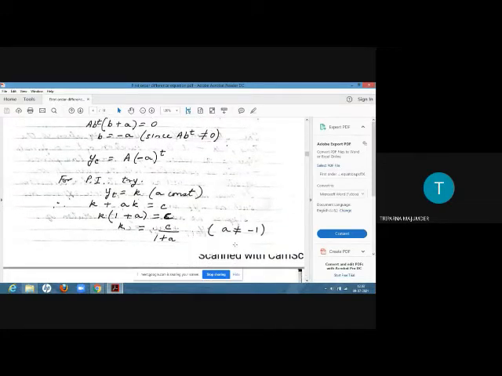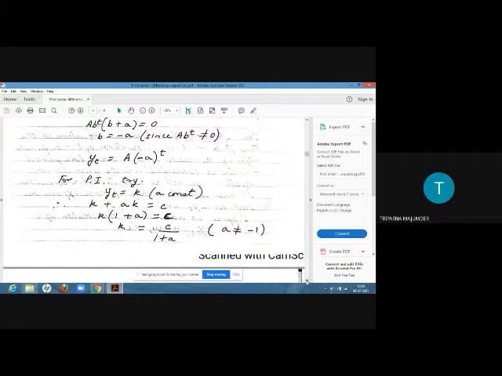This will be defined only when a is not equal to minus 1. If a becomes minus 1, we have 0 in the denominator, so k becomes undefined.